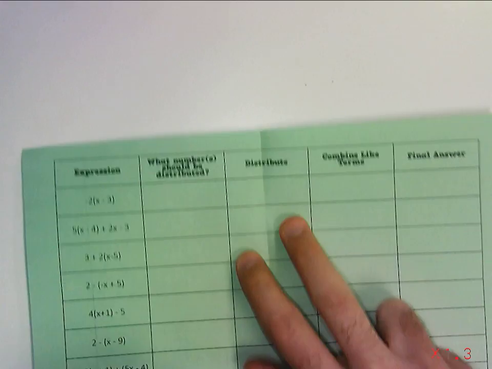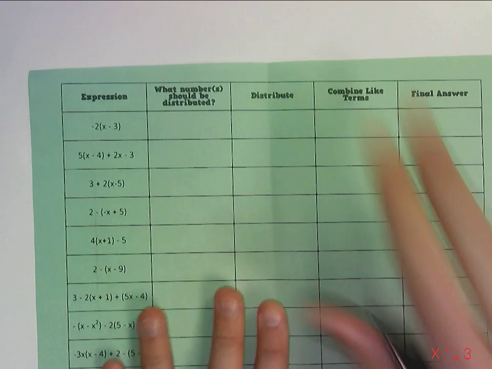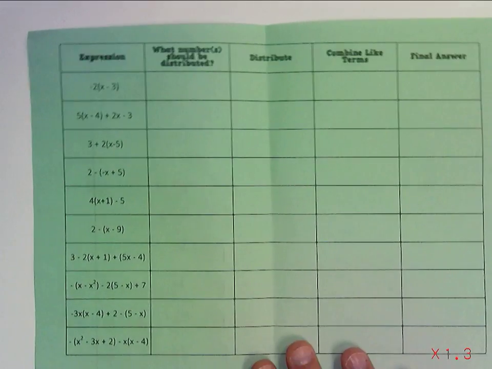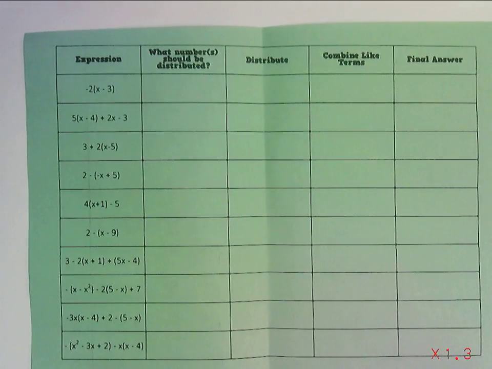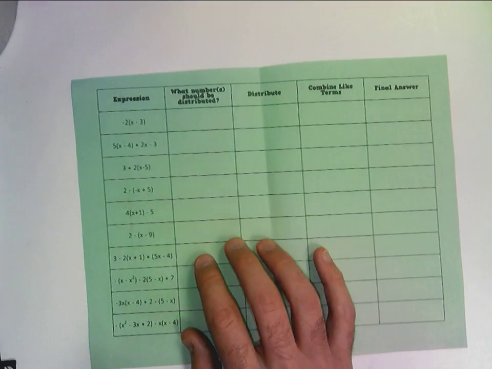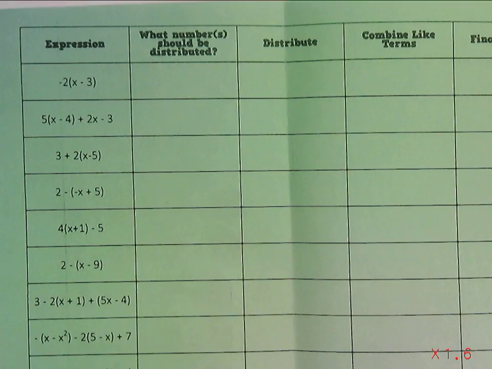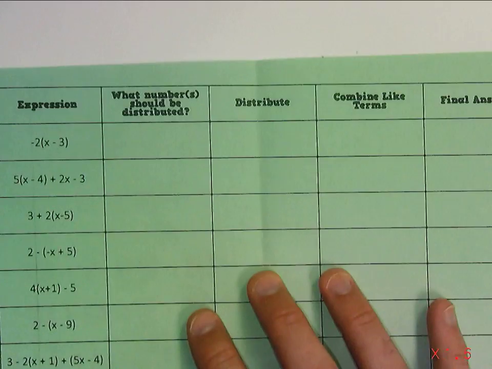So if you open up your foldable here for your notebook, you can see that there are a few examples. And we'll go through a couple together, and then what I'd like you to do is try some on your own. And then I'll show the correct answer sheet at the end, and you can compare yours to that to see if you're doing this right. So let's take a peek at what we're going to be doing.